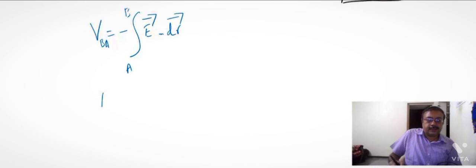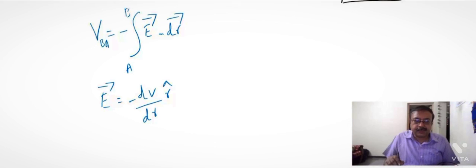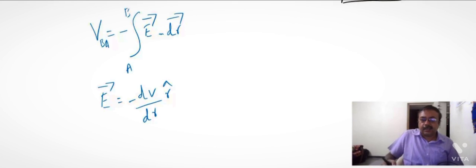Similarly, the electric field is the differential of the electric potential. Of course, you have to put a minus sign before that. So this is how the relationship between electric field and electric potential stands out.